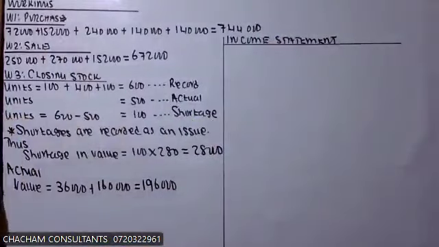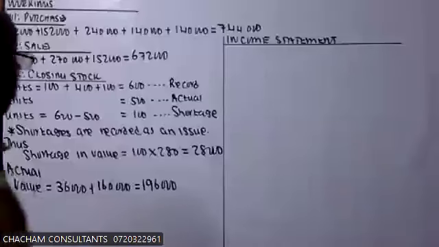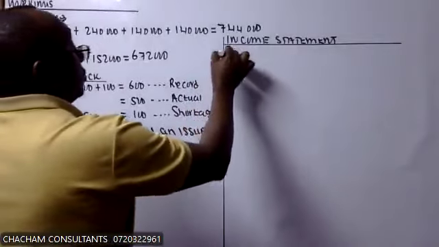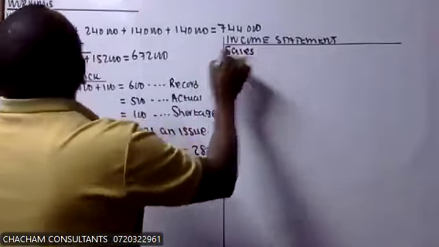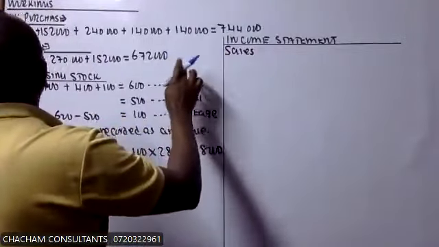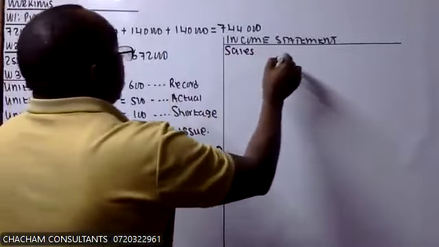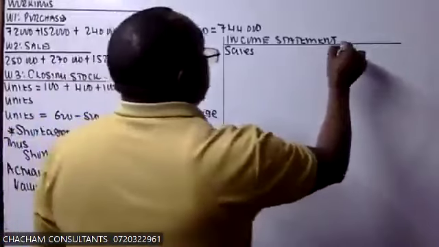We start with sales. As per working 1, we have 672,000.